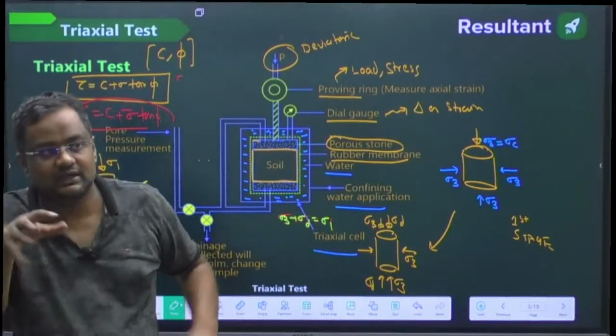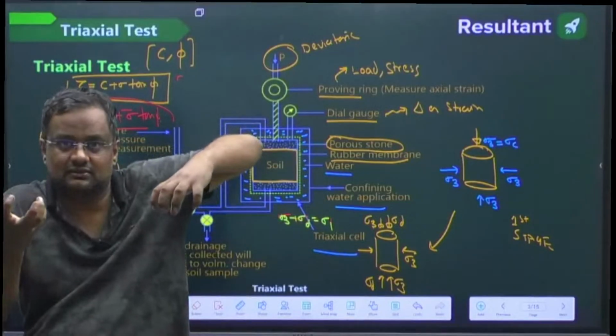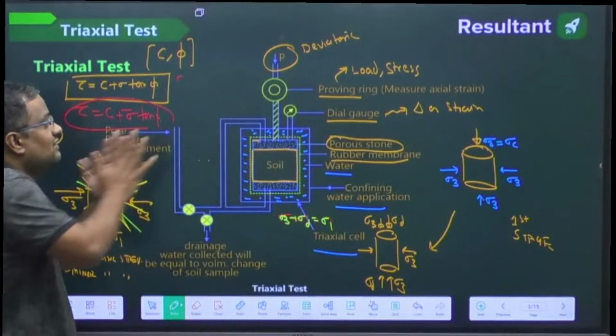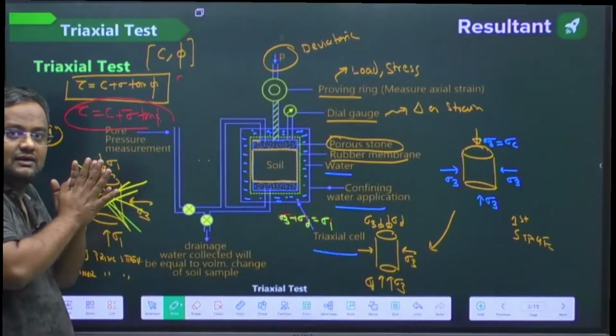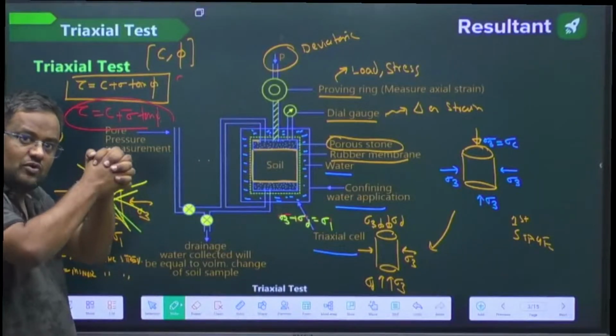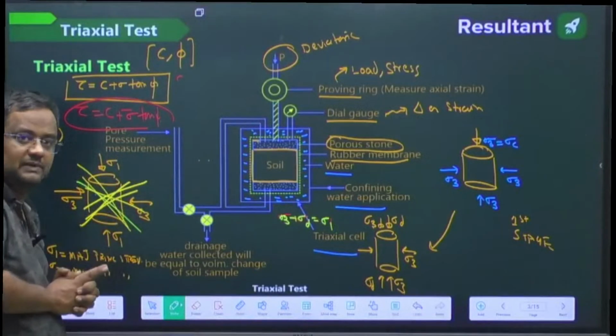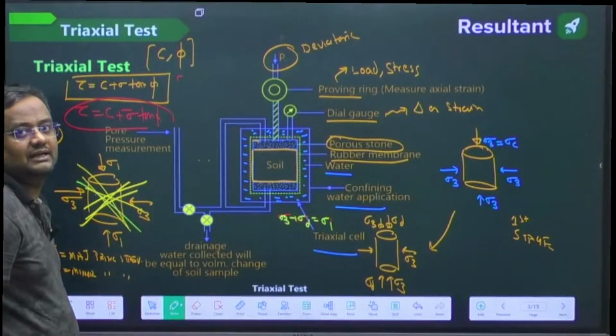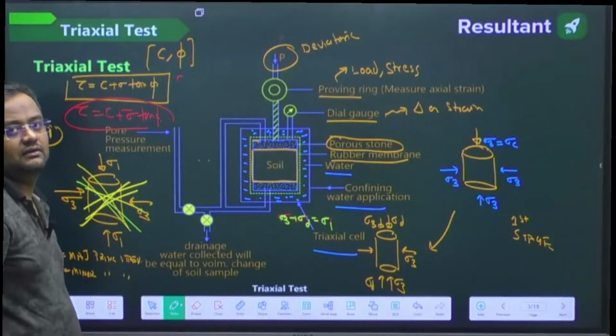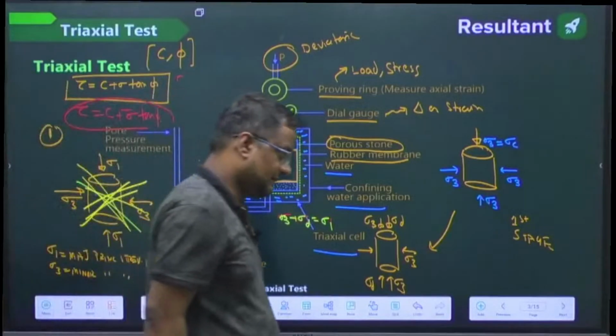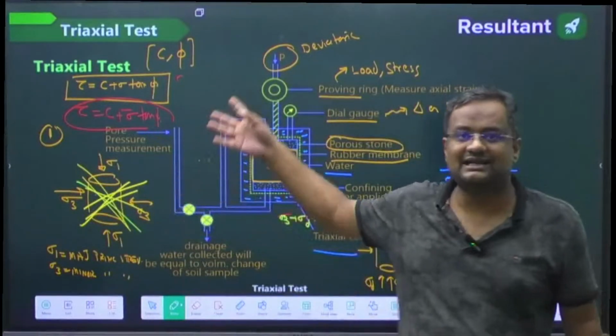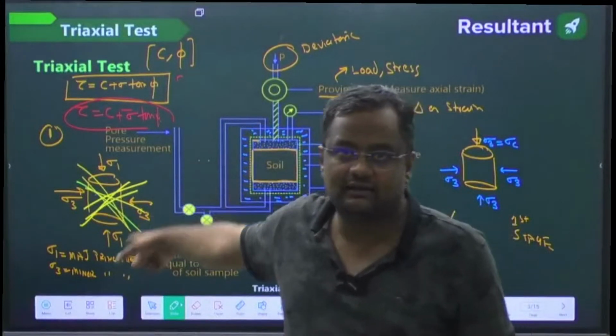But here, the plane where the stress is more and the strength is less will be the failure plane. We are not predefining the failure plane; whatever plane has to fail will fail.